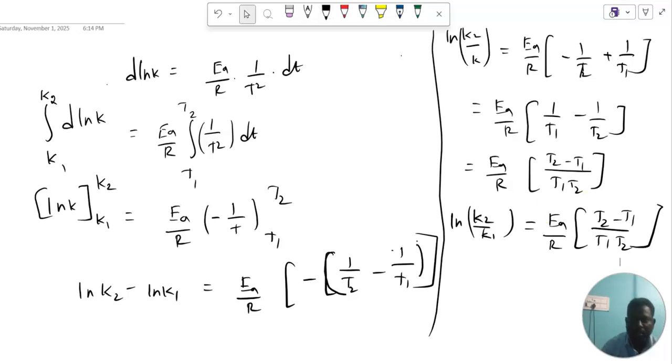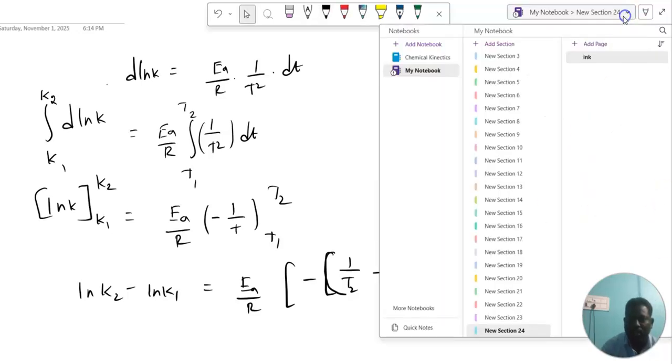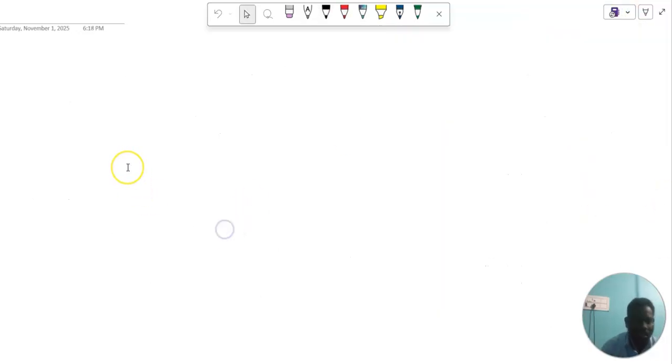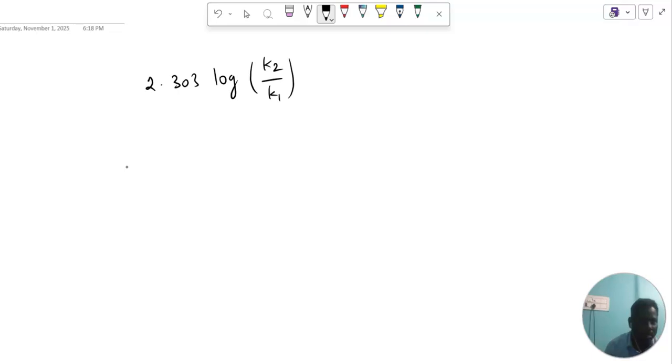Right? So if you remove this ln, the equation becomes 2.303. We are converting ln into log, K2 by K1, EA by R, T2 minus T1 divided by T1 T2.